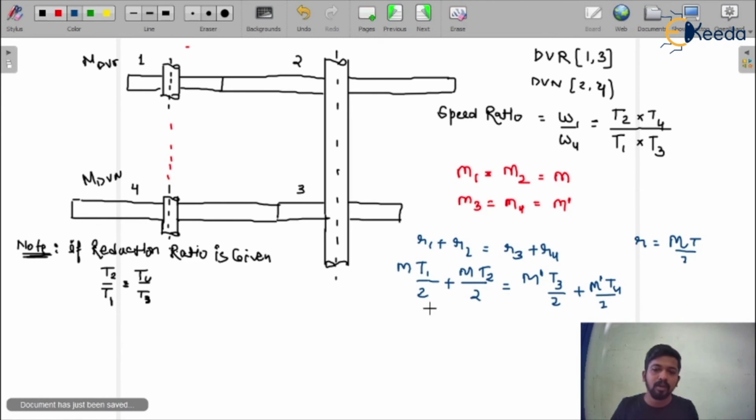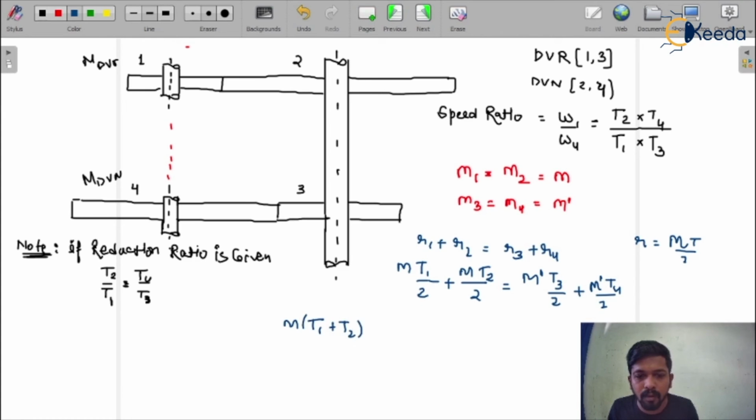Are you getting my point? Here this would cancel out and the final result would be m(T1 plus T2) is equal to m dash (T3 plus T4).